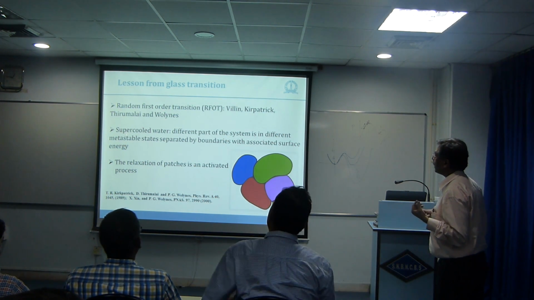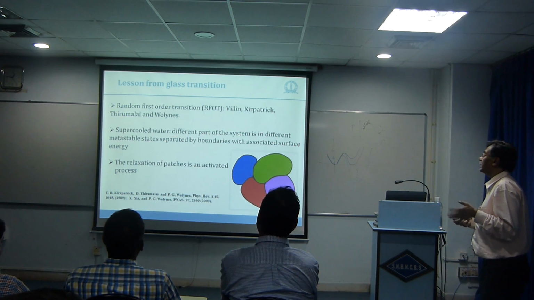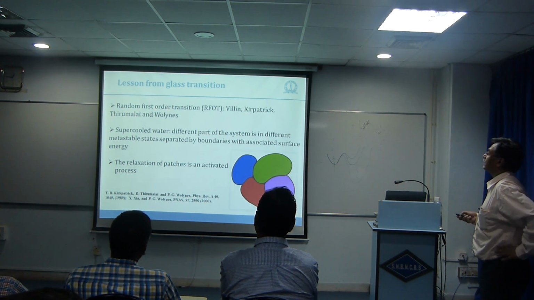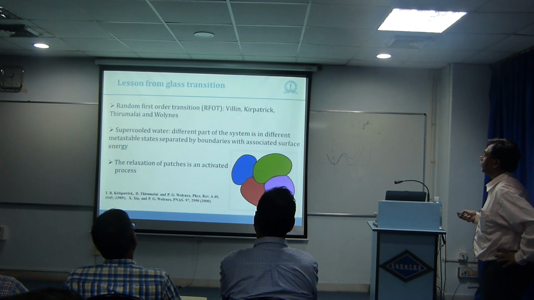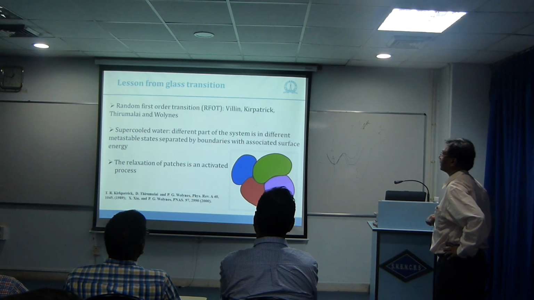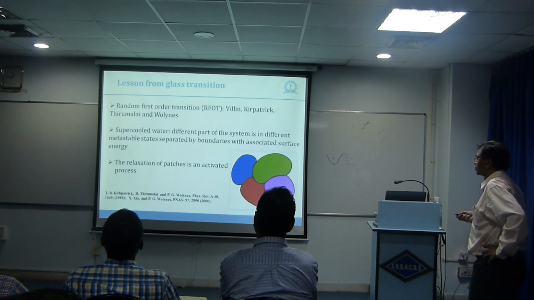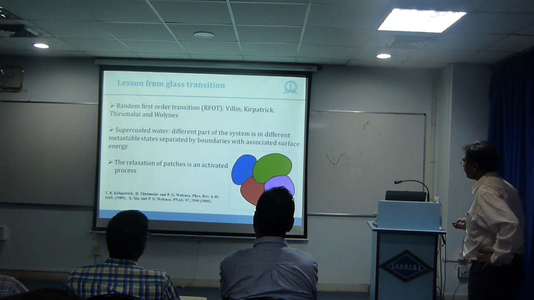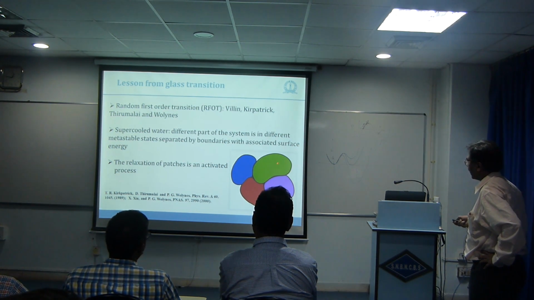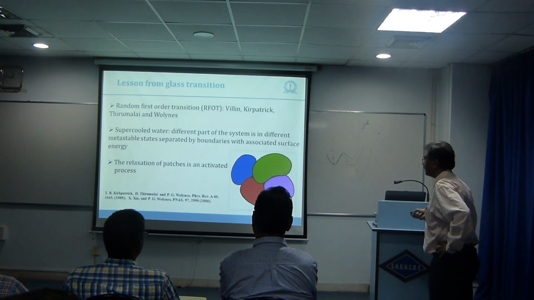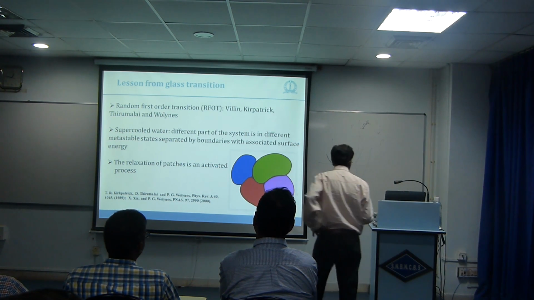So this was supercooled water and then other supercooled liquids, and this work was essentially what I'm going to tell you a little bit about, by Virin, and then further developed by these three guys, Himalayan Martinis. The basic idea is that the system breaks up into small patches, and each one relaxes with its own time step. So relaxation is what you call heterogeneous. Each has its own dynamics.